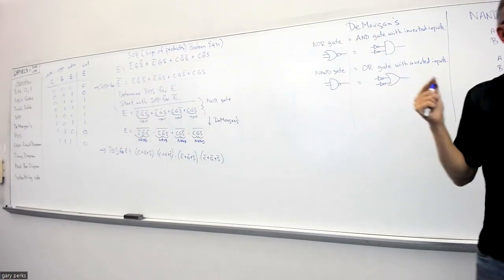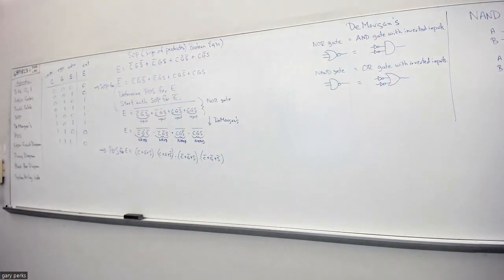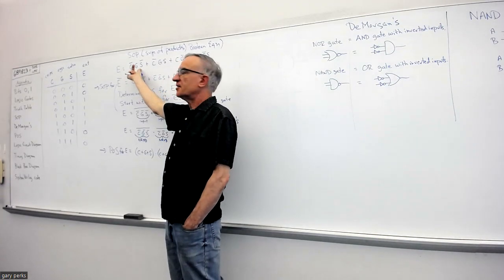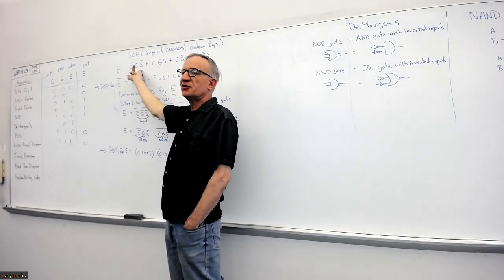So how many AND gates do you think we're going to have in our logic diagram? Like, how are we going to make this? If you just look at this term right here, what gates are we going to use to make this?